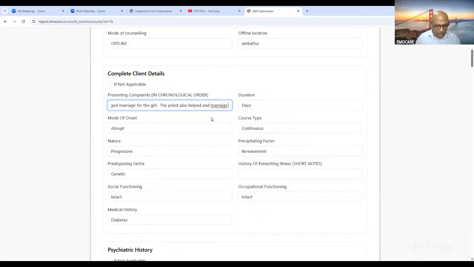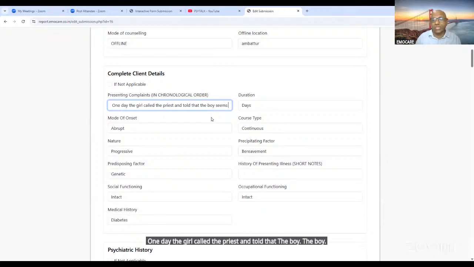And the marriage was fixed. One day, the girl called the priest and told that the boy seems to be creating problems, and she feels like committing suicide.